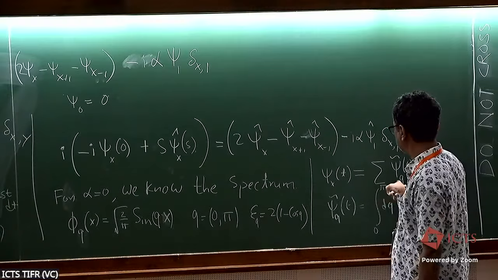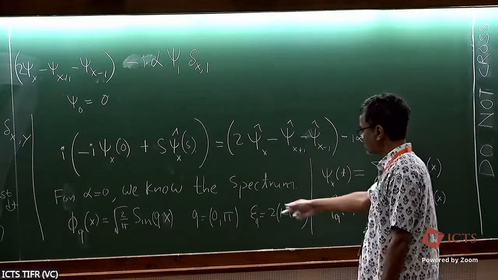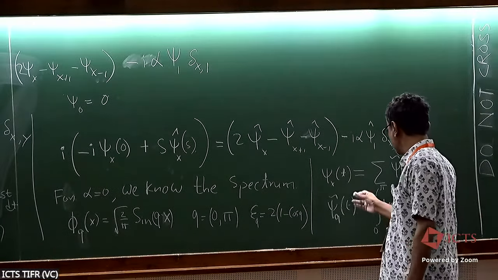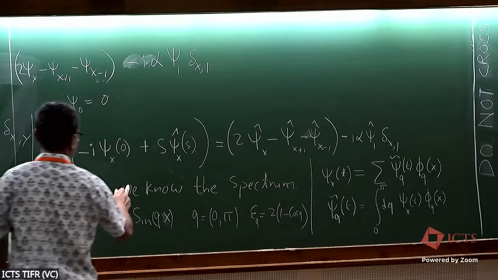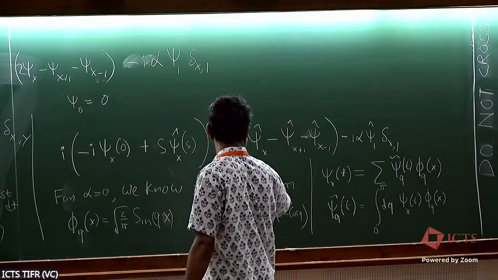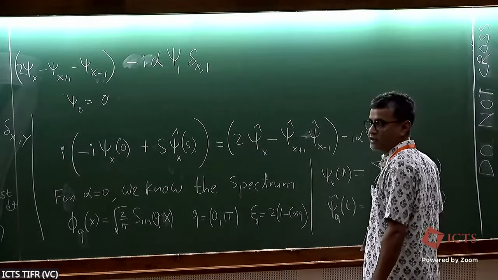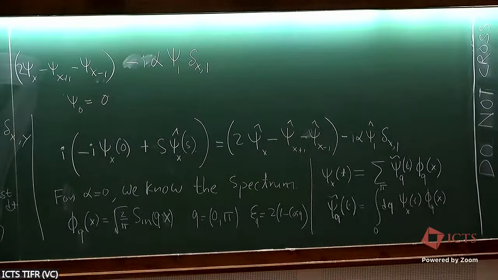Since this forms a complete basis, I can expand the solution in this basis, right? Now we'll use this transformation in this equation and try to determine the coefficients in the Fourier space. So basically we are doing a kind of Fourier-Laplace transform.